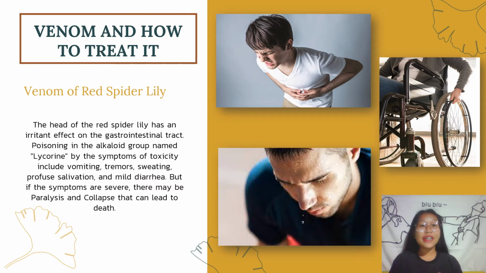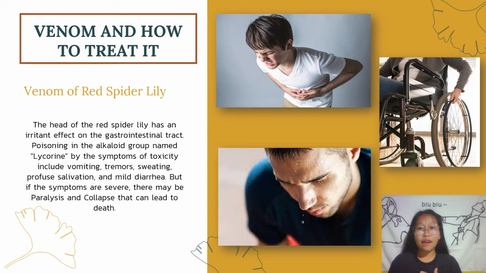Now we are moving to the next point, venom and how to treat it. In addition to its medicinal benefits, the red spider lily is a poisonous flower as well. When taken orally, the poison should be dissolved thoroughly first. If not cleaned, it will adversely affect the body. The bulb of the red spider lily has an irritant effect on the gastrointestinal tract.